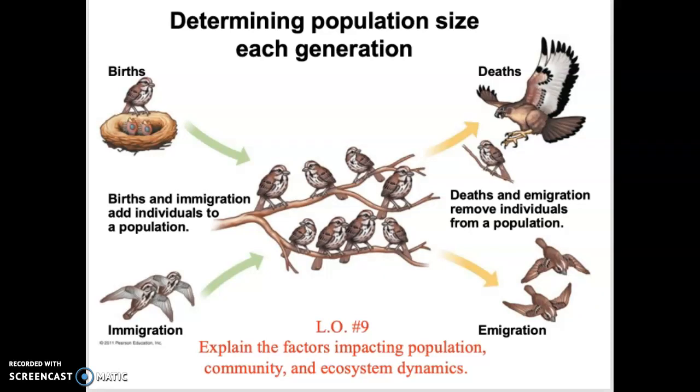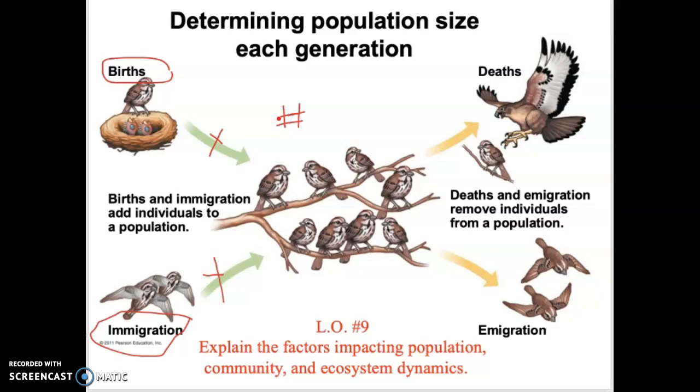So with population size, there are some real basic pieces of information that go into determining this. How many babies are born, plus how many individuals move in, plus, and then what's your population right now? So you add those to the existing population, here's your number.